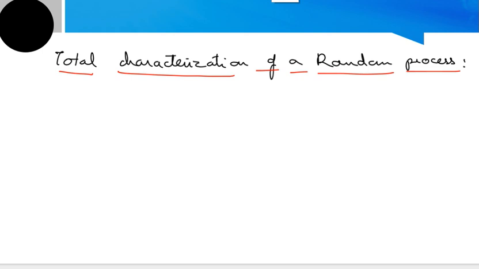There are countably infinite or infinite number of random variables described for a random process. Therefore we say that the random process is defined to be completely or totally characterized.